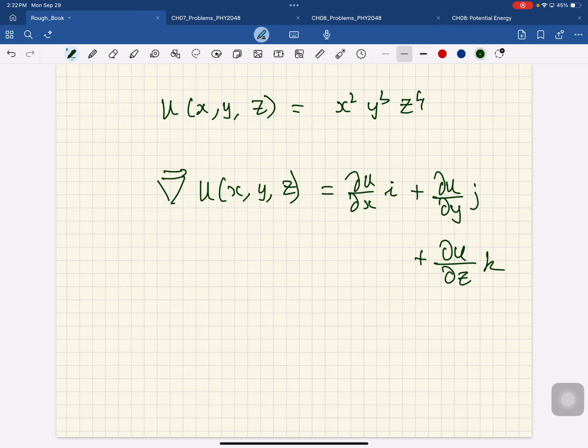Del U by del x is, what does this mean? You guys have done partial derivatives? No. Okay, partial derivatives just means the following.